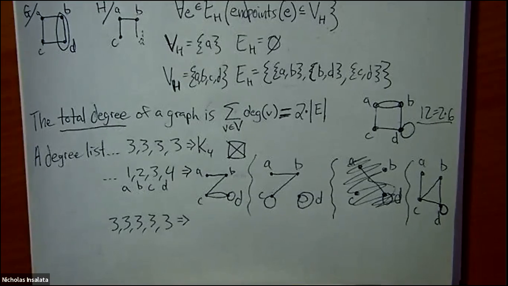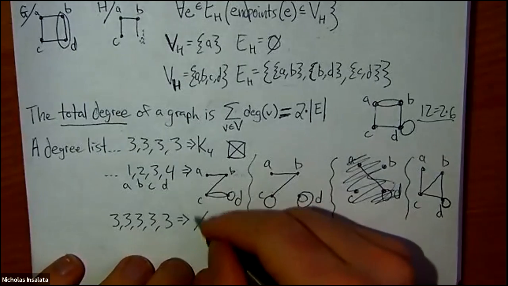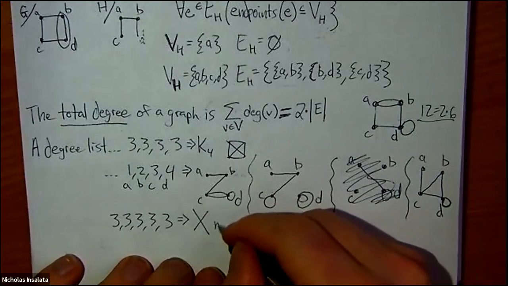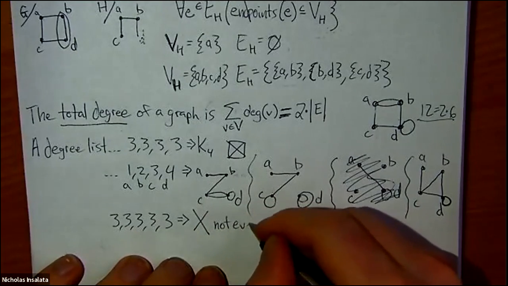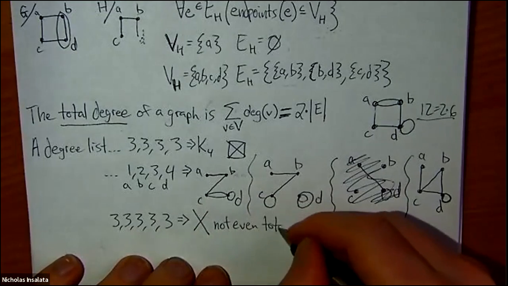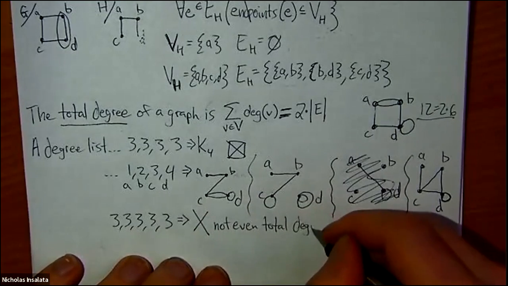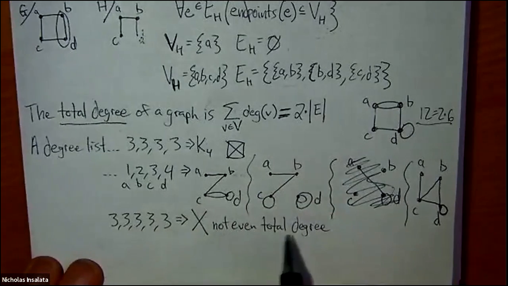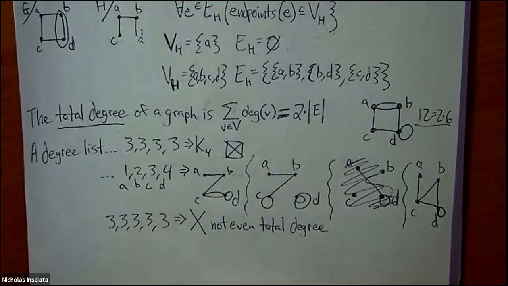Yeah, it has odd total degree, right? So that's nothing because it's not even total degree. Nice. In order to have an even total degree, what do we know about the vertices of odd degree inside the graph?